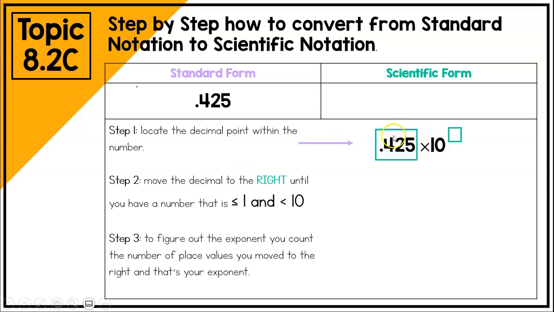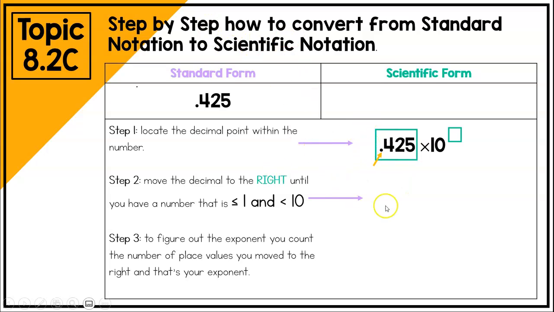Here again, I wrote it this way because I know we're going to have some number in this first box, and I know it's automatically going to be times 10. I just need to figure out the exponent. So I'm going to locate my decimal, which is right here before the 4. Then I'm going to move my decimal until I get a number greater than or equal to 1, but less than 10.